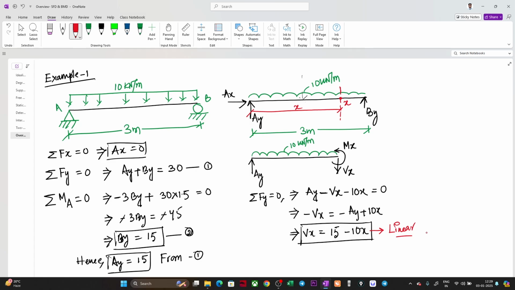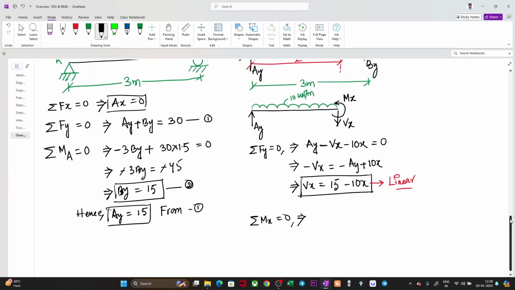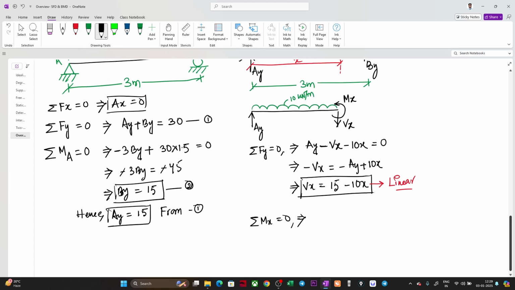Okay, right? Next, if we want to find out the moment expression, how will we find it? Let us take summation of Mx equal to 0, the equilibrium equation. What are the things that will generate moment? We have an Mx here, and it is anti-clockwise, so it is negative, so minus Mx.